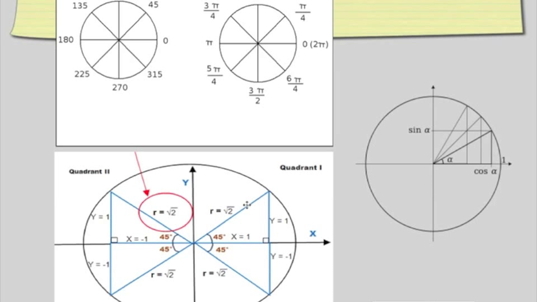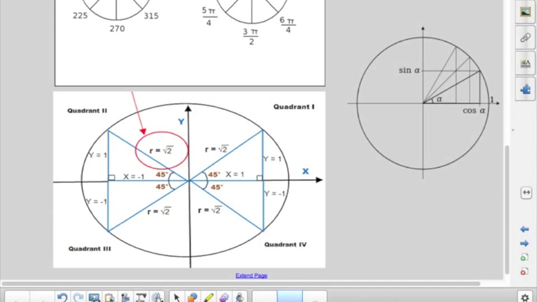Now, when you are drawing your special triangles, remember that your base is always along the x-axis. So we would never draw a triangle with a degree measure like that. That never ever happens.